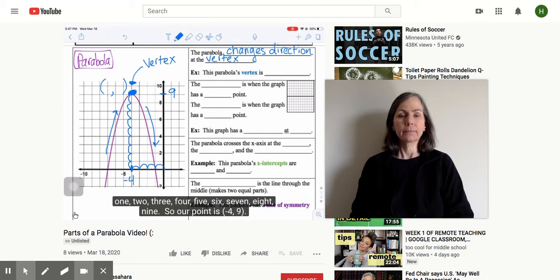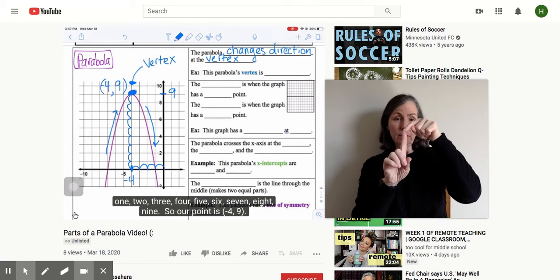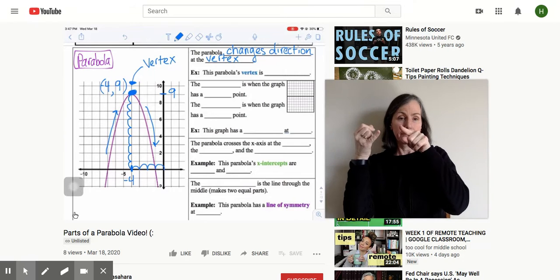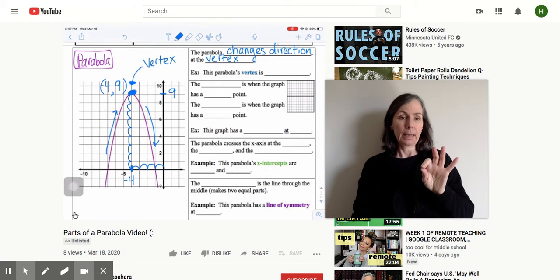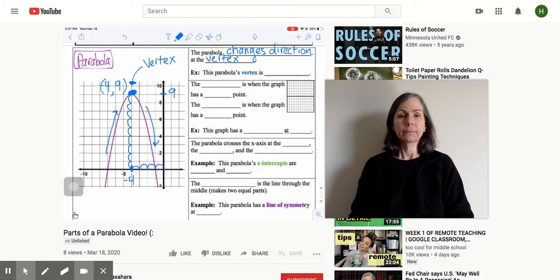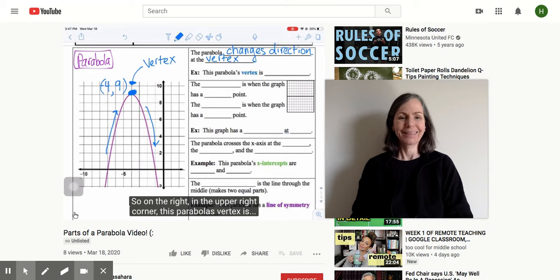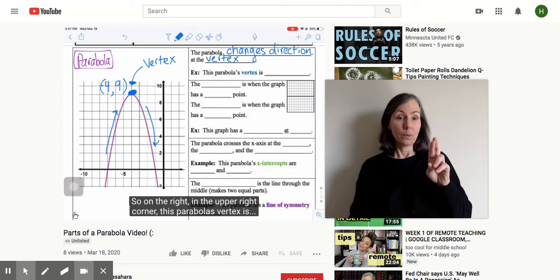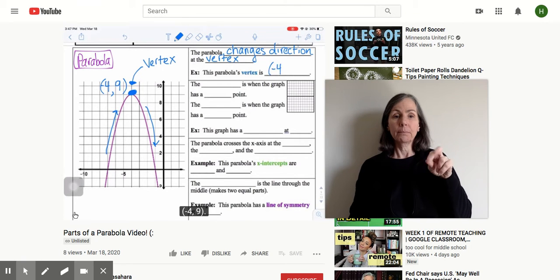So our point is negative 4, 9. So on the right, in the upper right corner, this parabola's vertex is negative 4, 9.